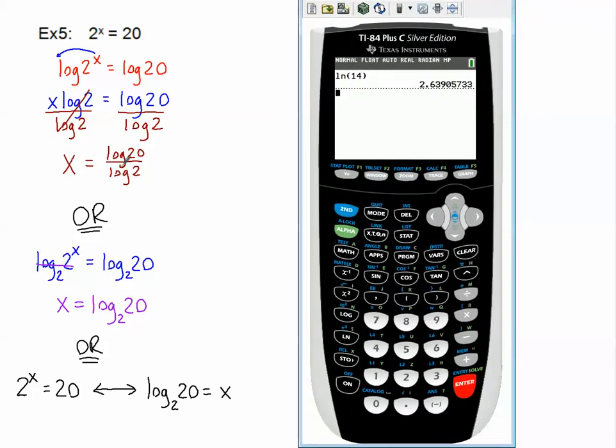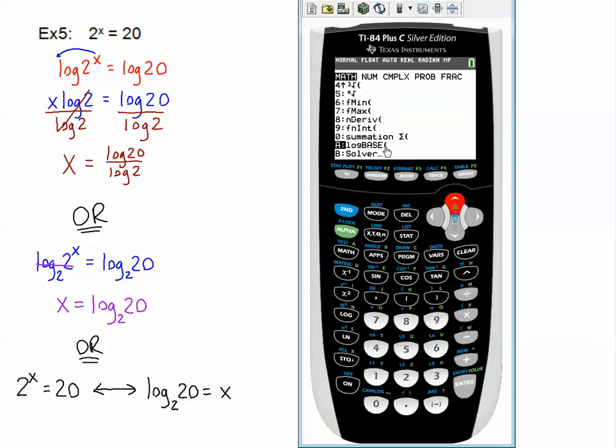The log of 20 divided by the log of 2 is what we had first. So we'll do the log of 20. Make sure you close that parenthesis before you hit the division. The log of 2, and we'll close that parenthesis. That gives me 4.322 if I round to 3 decimal places. The other way, if I have the log base 2 of 20, I can just go to my math. I'm going to press up twice to get to it.